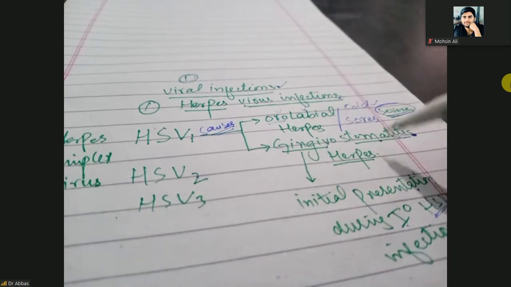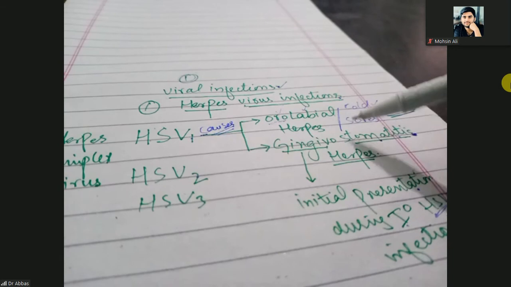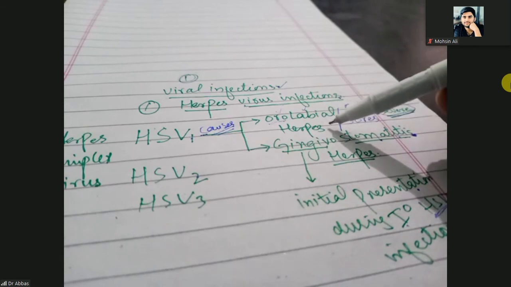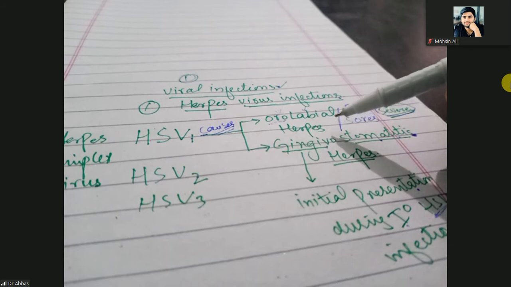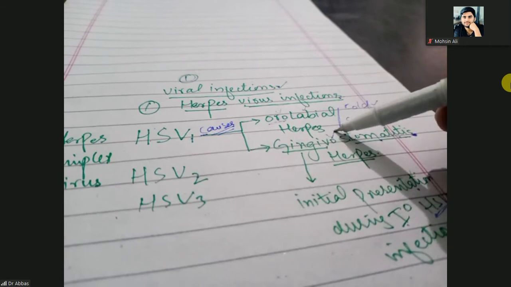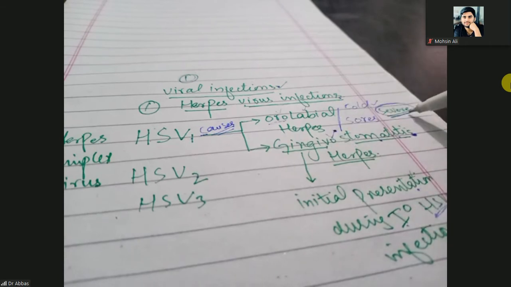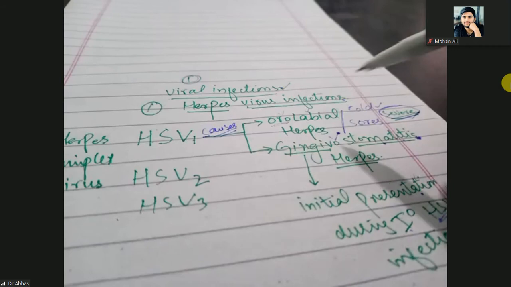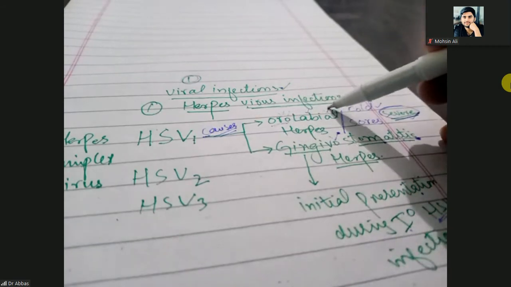When there is a secondary HSV1 infection, gingivostomatitis will turn into orolabial herpes. It means both the lips and oral cavity will be involved. So initially lesions will be on the gums, and later on lesions will become more severe and present on the oral cavity with the lips involvement.